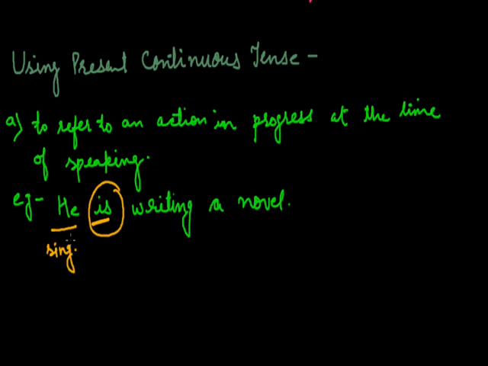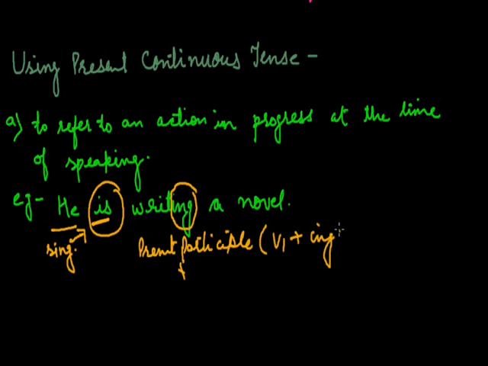We use is because subject is singular, and then writing. Write is first form of verb, and we have added ing. It is present participle. Right? What is present participle? Verb 1 plus ing, again and again I am telling you.